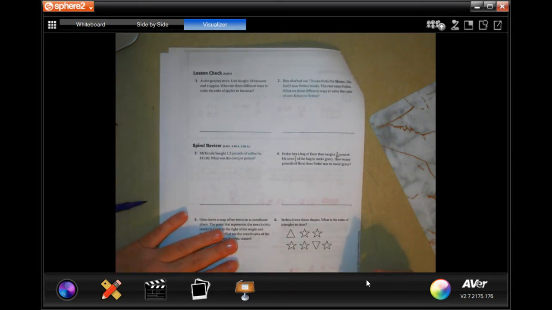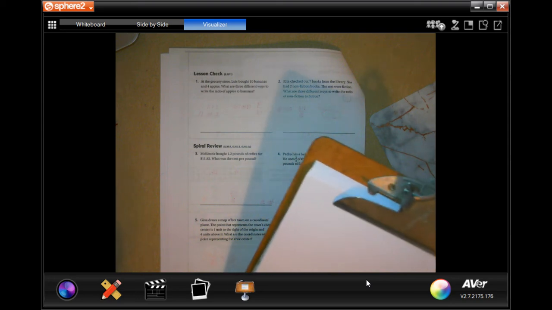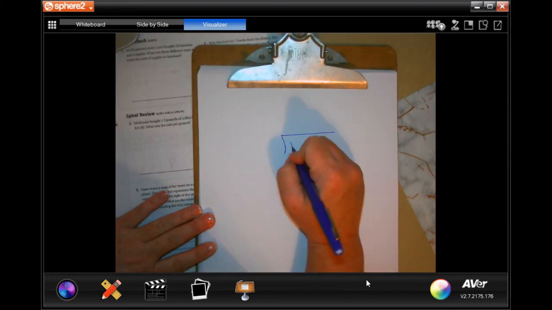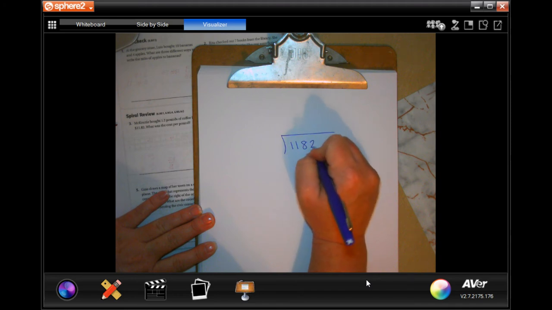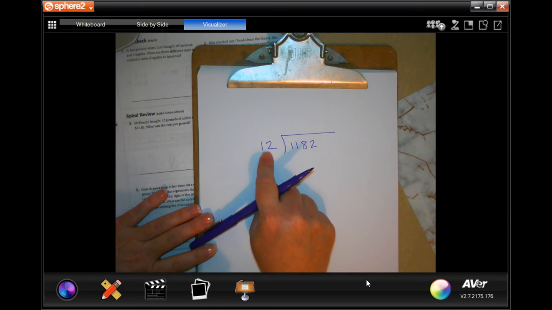It says Mackenzie bought 1.2 pounds of coffee for $11.82. What is the cost per pound? Well, we don't have a whole lot of room on there to work with to do a division problem. So I'm going to divide the 1182 by 1.2, but we can't have a decimal outside the box.